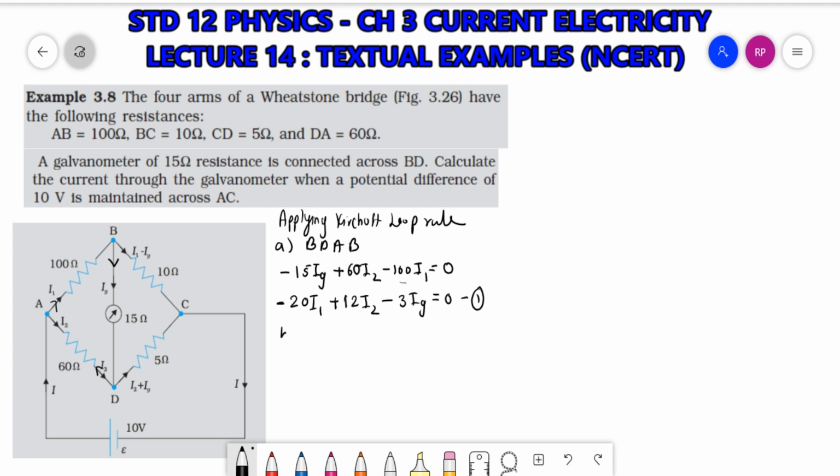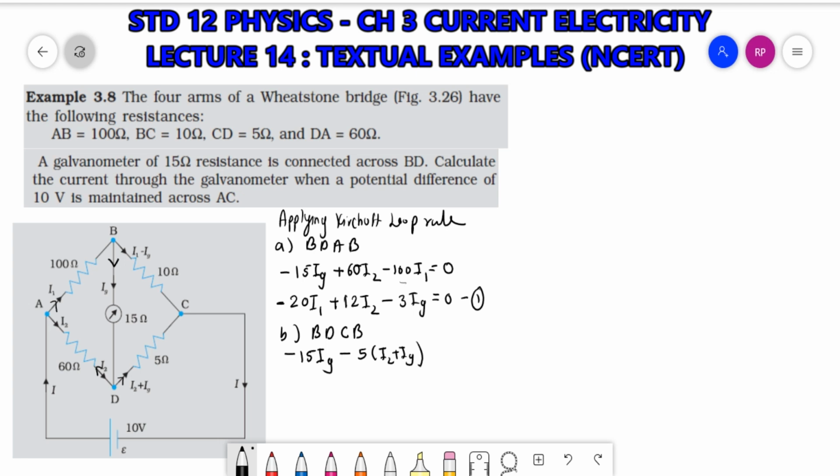Now let's select another loop, that is B, D, C, B. Again moving from B to D, it's the same direction, so minus 15 IG. From D to C, the current and my journey are in the same direction, so minus, and what is the current now? I2 plus IG, and the resistance is 5.